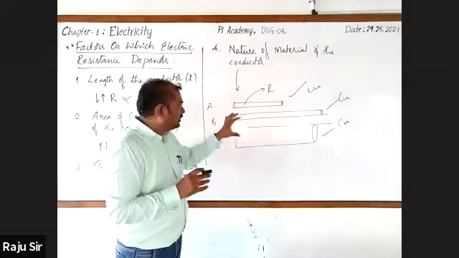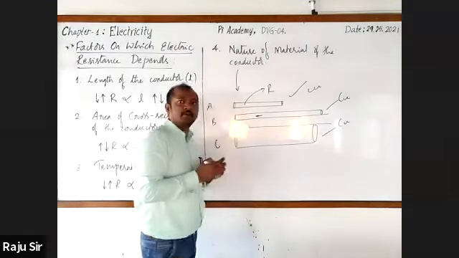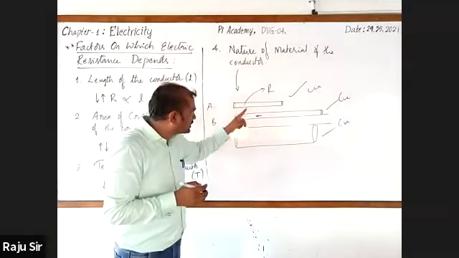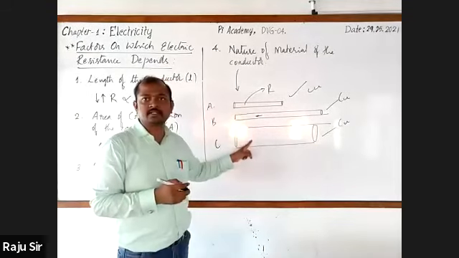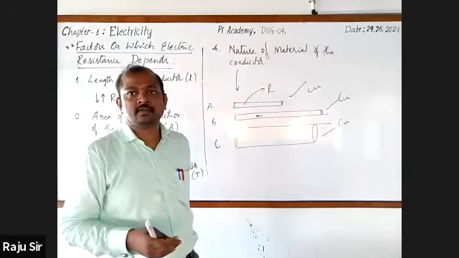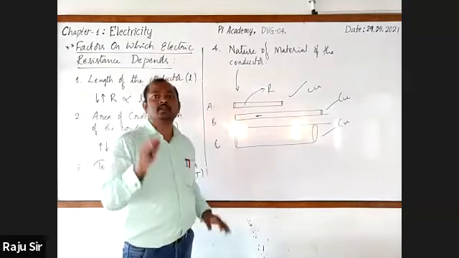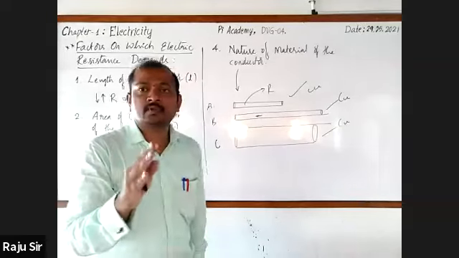So the opposition offered for the flow of electrons will be same in all the three cases. This capacity to oppose the flow of electrons is different from one material to another material. So which physical quantity will describe that?